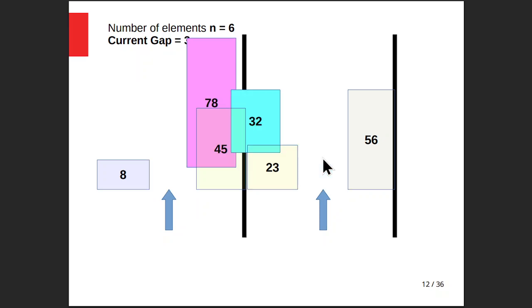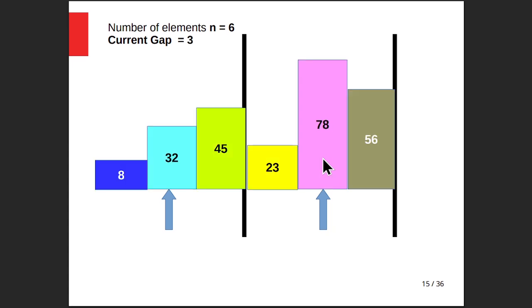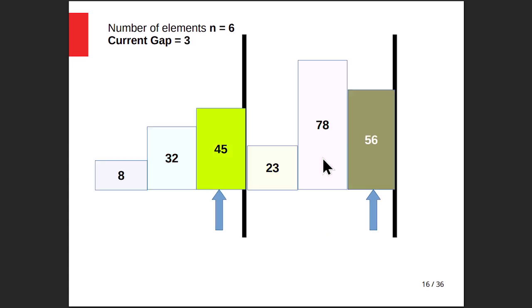So what we do is we just exchange these two, right? Now we move on to the third element of the first and the second partition. These are already in increasing order, which is 45 is less than 56, so they are okay. All right. Now we have completed one phase.